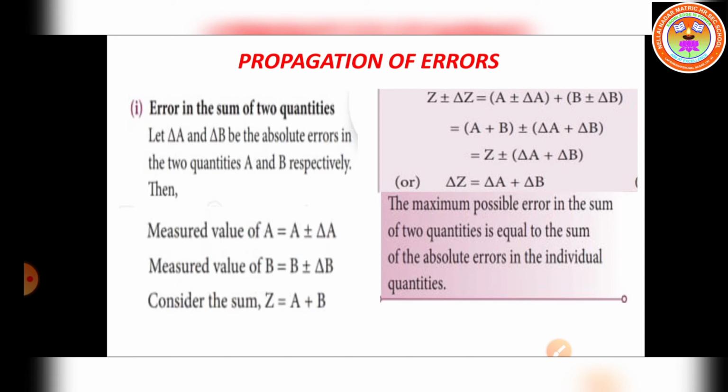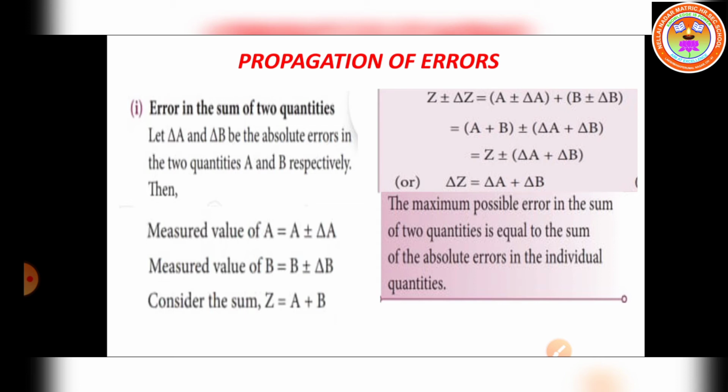Already we know the meaning of absolute error. Already we know that the difference between the true value and the measured value of a quantity is called as what? Absolute error. So we have to consider A and B as the two quantities. Delta A and delta B are the absolute errors in the two quantities A and B respectively.